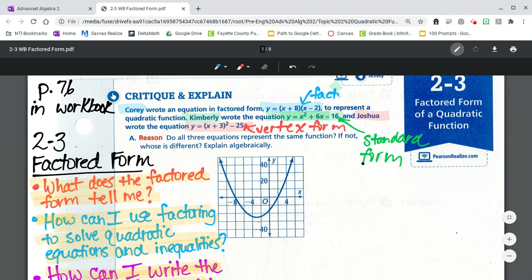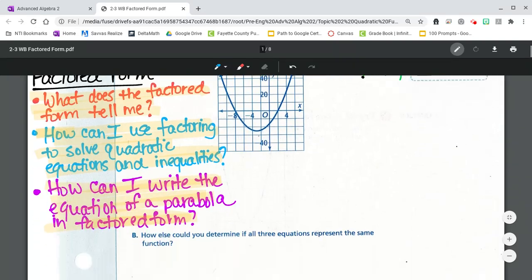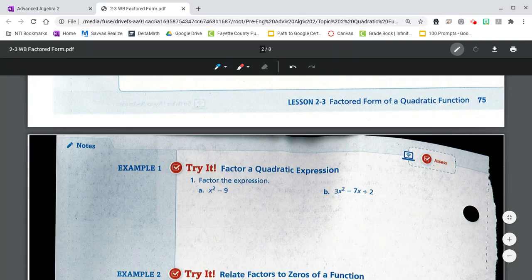So these are the three different ways you can write a quadratic function, and each has a special name. You can write a quadratic function in either vertex form, factored form, or standard form. Now the question on this page asks you to explore the function that each of these three students wrote and asks you a couple of questions about that. So it could be interesting for you to look into. But let's get going on some of these examples.